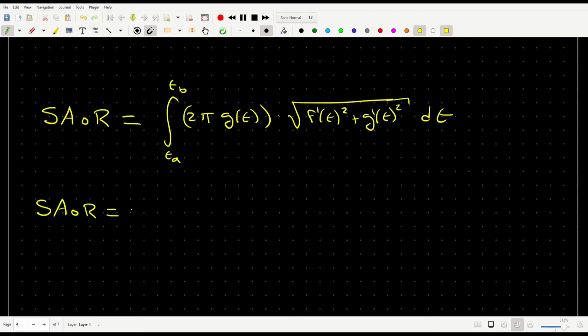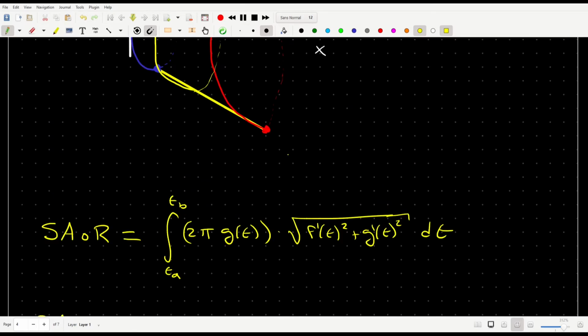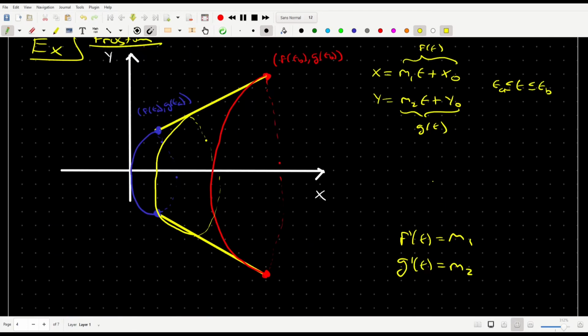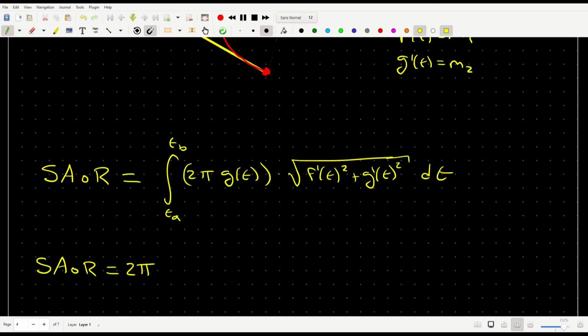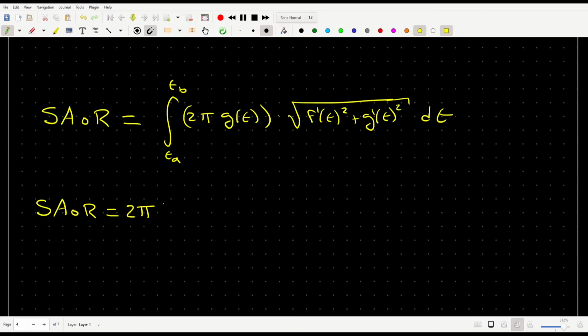This becomes 2 pi. f prime is m1 and g prime is m2, both of which are constant. m1 is the linear rate of change along x, and m2 is the linear rate of change in the y direction. So the entire term right here is going to be constant.